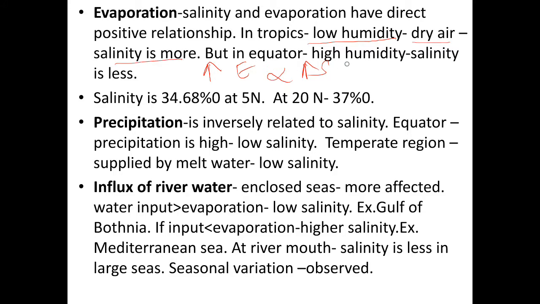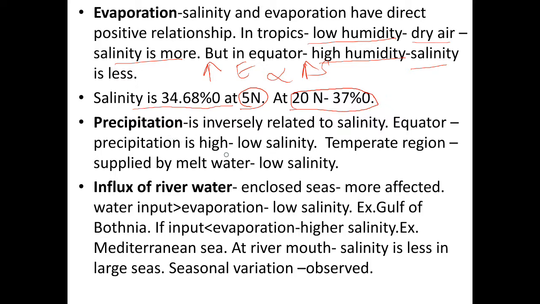But in the equator, it receives more precipitation, humidity is high, and salinity is less in this region. Salinity is 34.68 per thousand at 5 degrees north latitude, whereas in the tropical region at 20 degrees north, the salinity increases to about 37 per thousand.